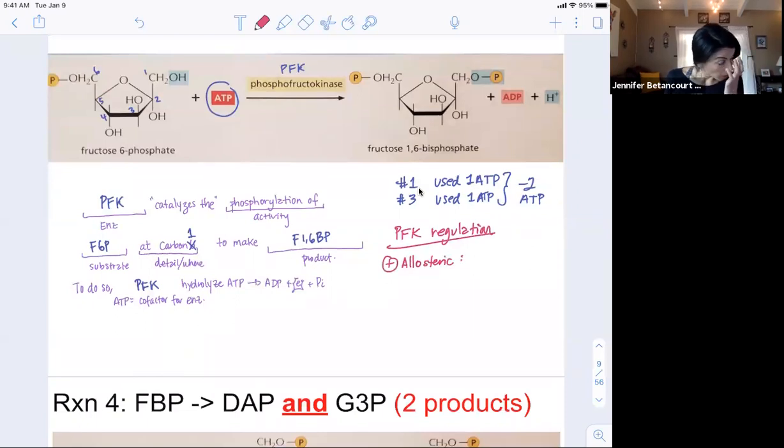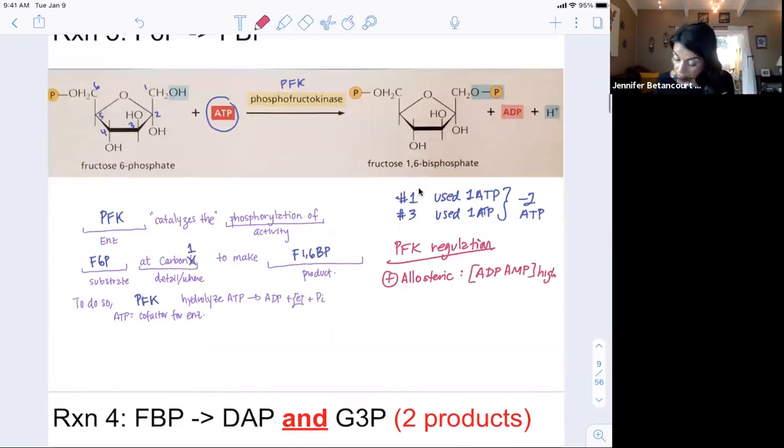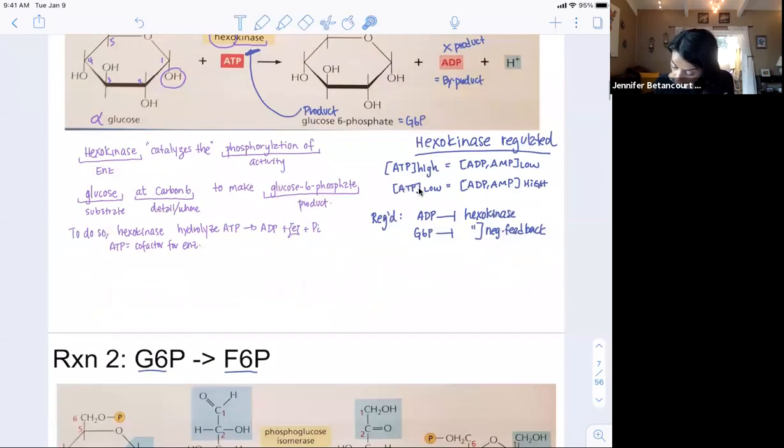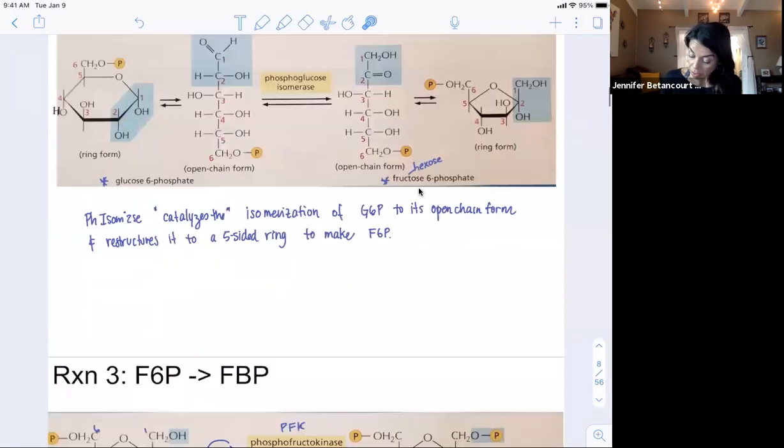And the way that PFK gets allosterically regulated is when ADP is high and AMP is high. Remember, because if ADP and AMP are high, that means ATP is low because we've used a bunch of ATPs. We've hydrolyzed a bunch of ATPs.